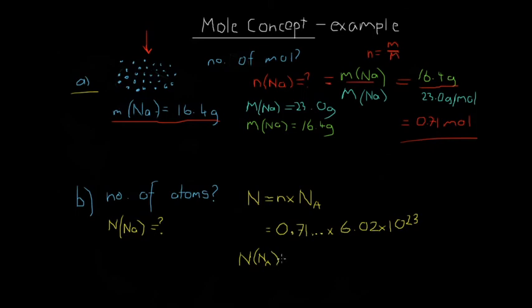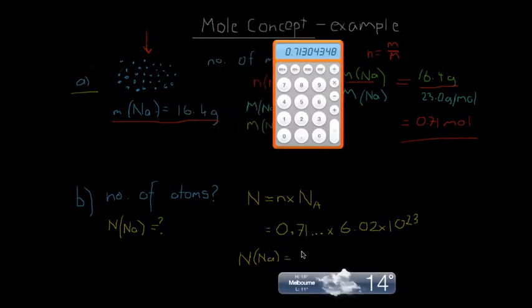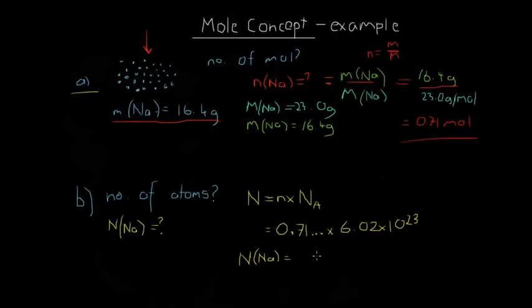N of little a, to denote sodium, is equal to, so we put it into our calculator, 0.71 times 6.02, which is 4.29.